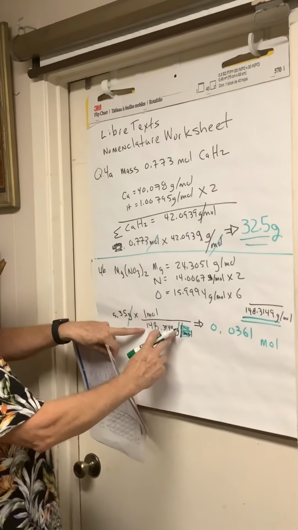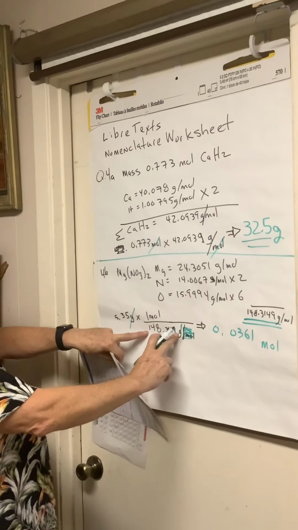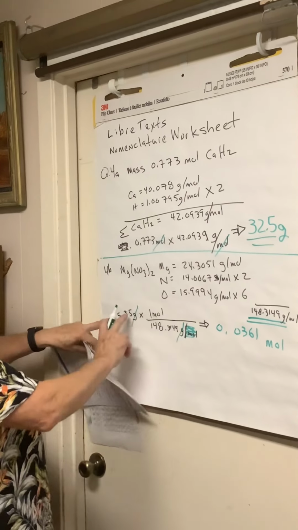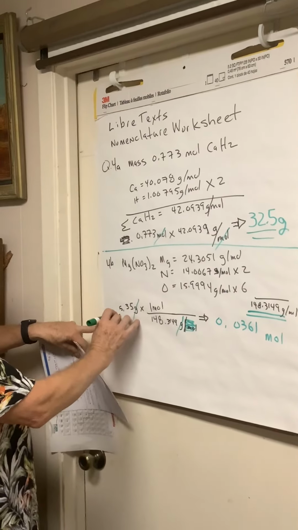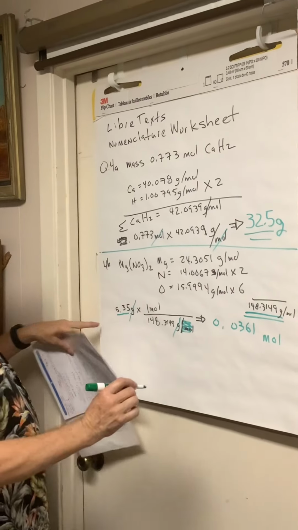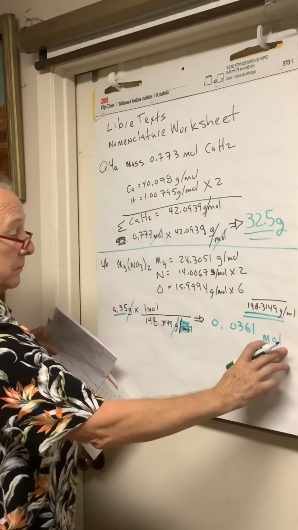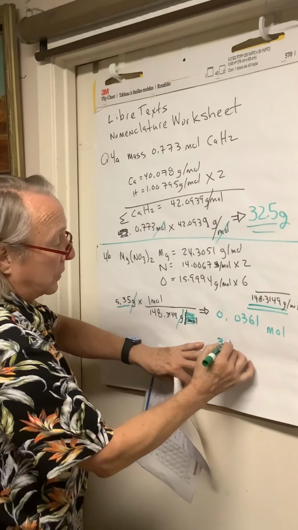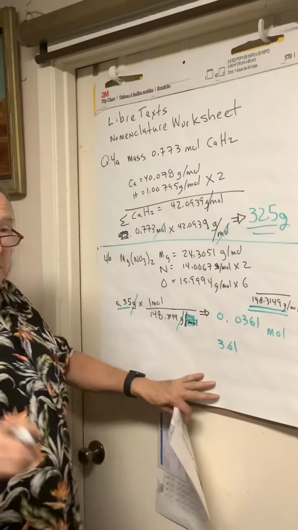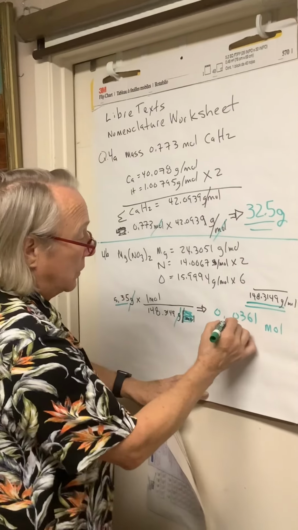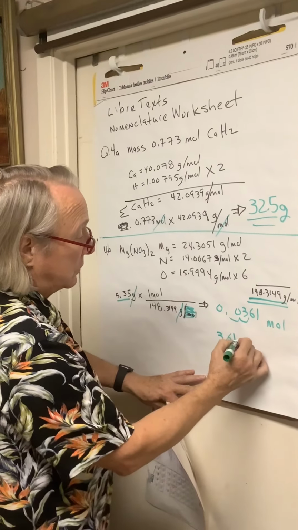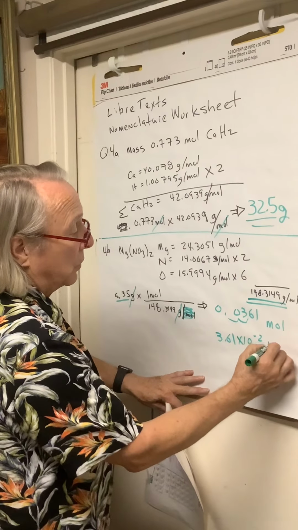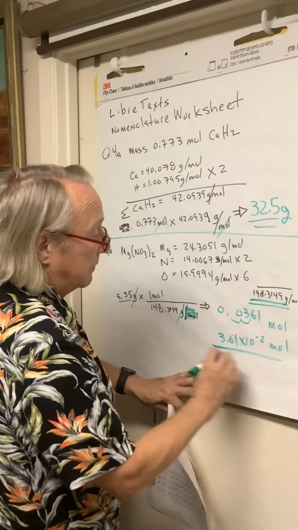I can't use all the calculator vomit that your calculator is going to throw out, because I can only really have 3 sig figs of moles. If you want to be precise, or if you've forced your calculator into scientific notation, this is 3.61 times 10 to the minus 2 moles. And there's your answer. Okay?